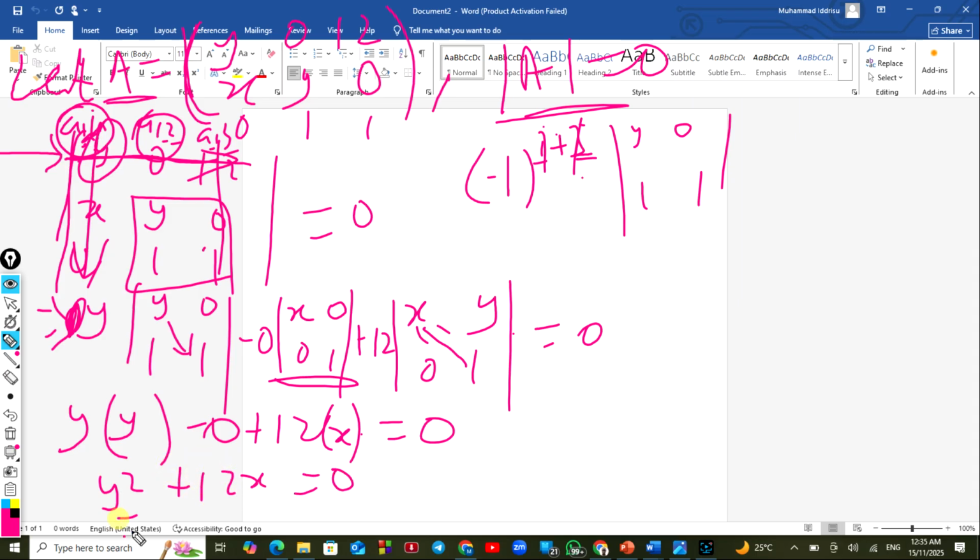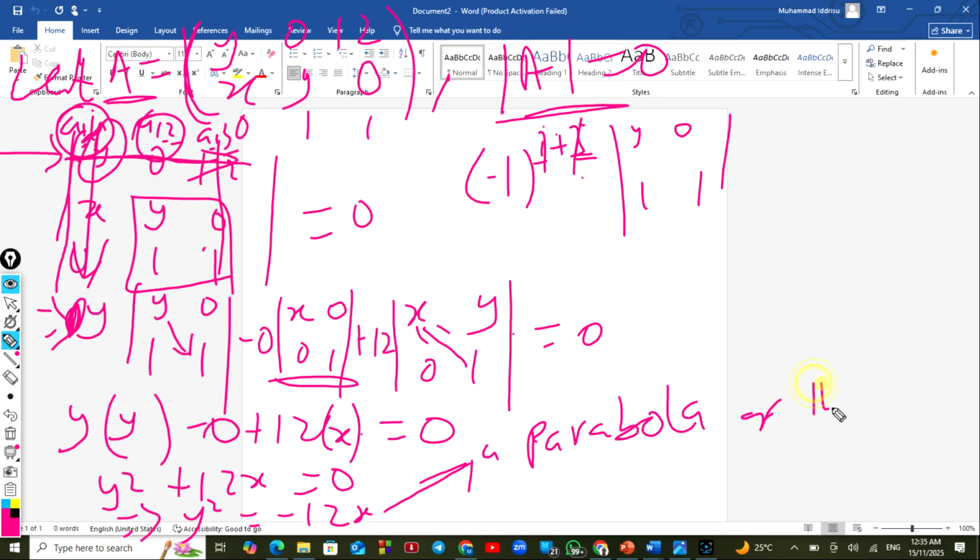This means that y squared is equal to negative 12x. And this is a parabola, of the form, let's say, y squared is equal to negative 4ax, or you can equally say it's of the form y squared is equal to 4ax.